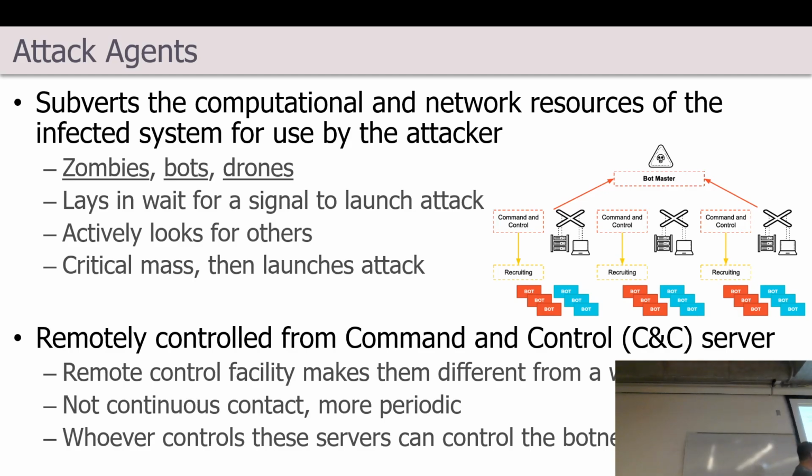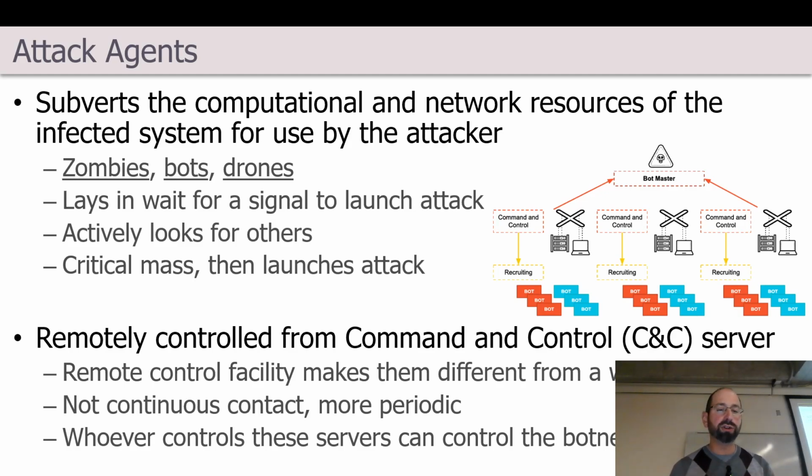When we have a reverse shell, that is a form of remote control, but it's not necessarily a scalable one. When you have a botnet, by contrast, you have presumably many more of these exploited machines, whether it's IoT devices or traditional computing systems, and you have some mechanism to, in a scalable way, command and control them, to tell them what to do next, to provide the next set of instructions.